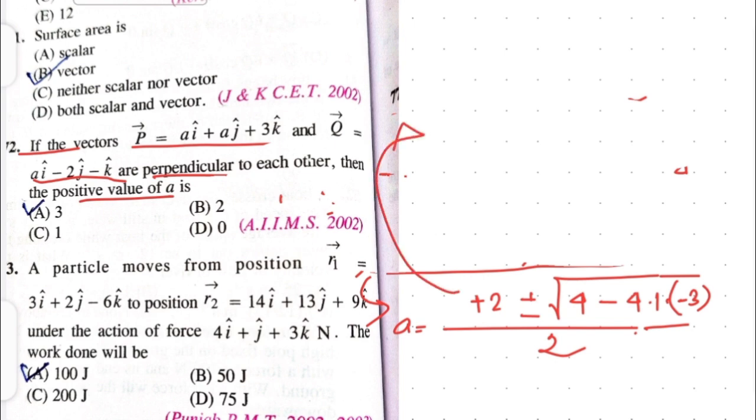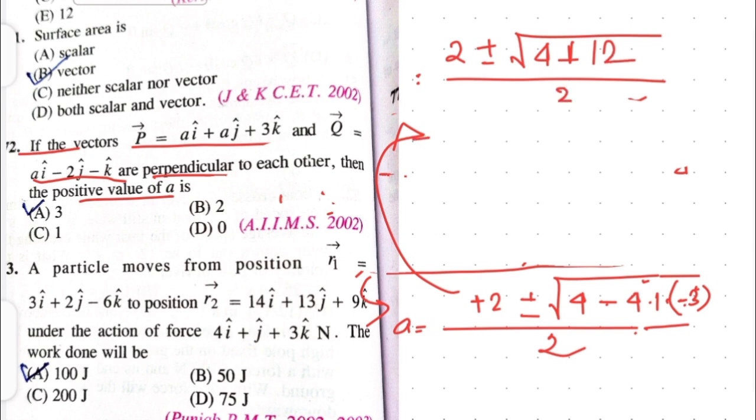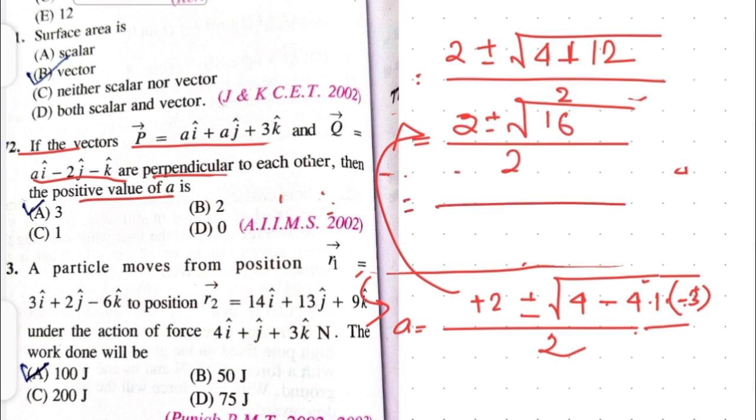So if we solve it, it's like 2 plus minus root over 4 minus, and minus, it will be plus 4 and 3, it will be 12 by 2. Then it is 2 plus minus root over 16 by 2. Then 2 plus root over 16 means 4 by 2 minus.